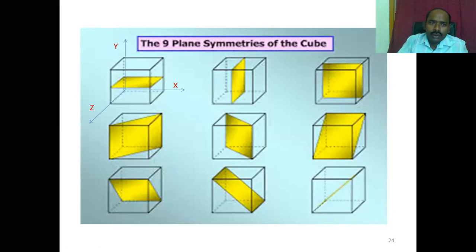So here I am considering the cube. Let us say there is one lattice point here, another at this corner, another at this corner, and one more here. According to this, the xz plane is above the bottom yellow plane.